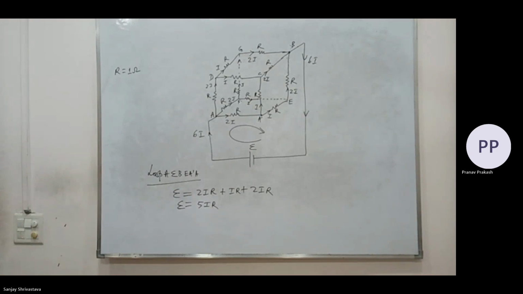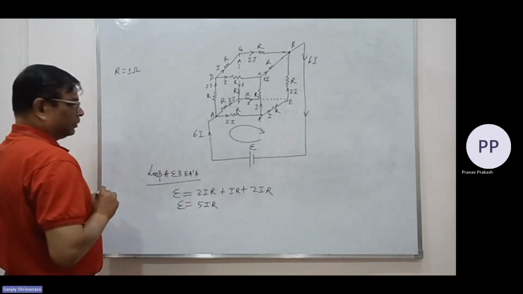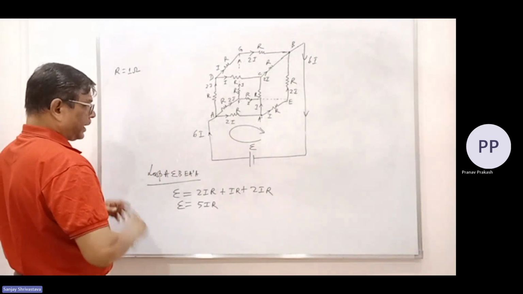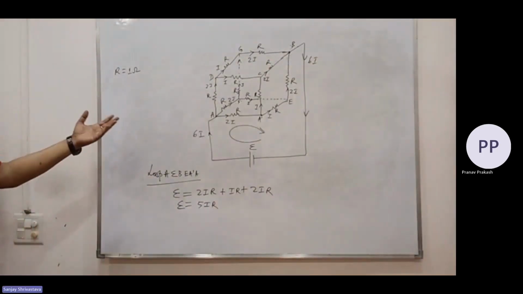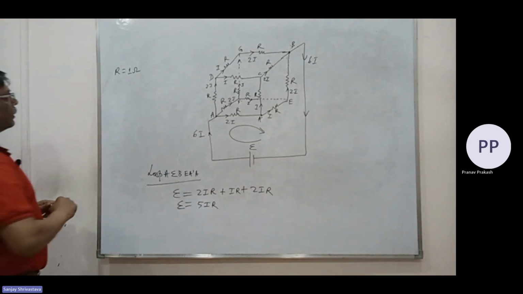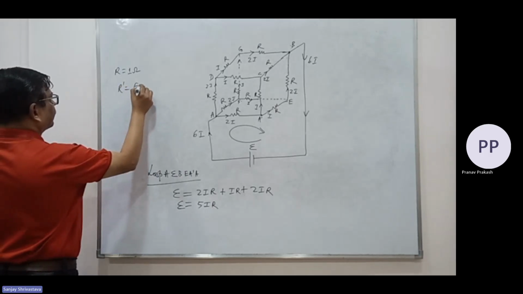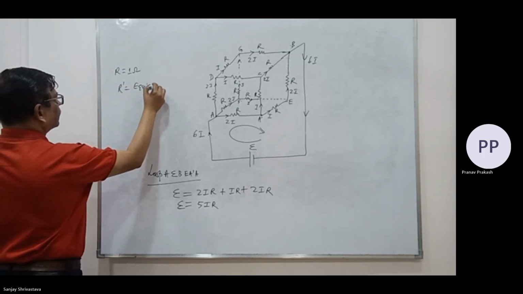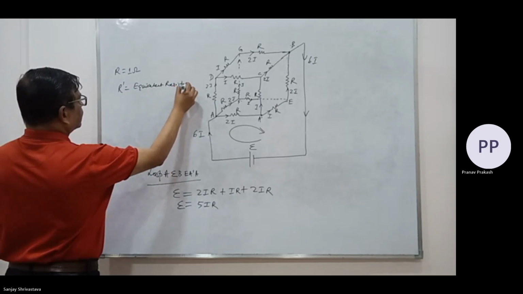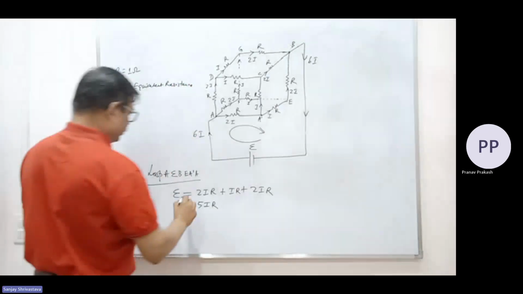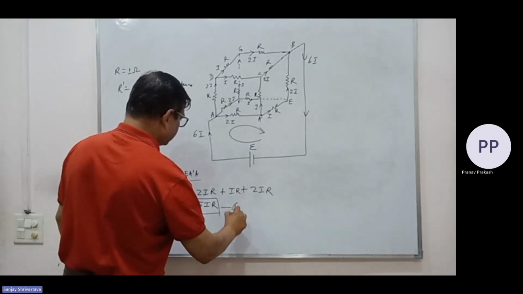Yes, sir. Good. So now again we know that by Ohm's law, suppose R dash is the equivalent resistance. Let's assume R dash is equal to the equivalent resistance. One equation we have is epsilon is equal to 5 into IR.